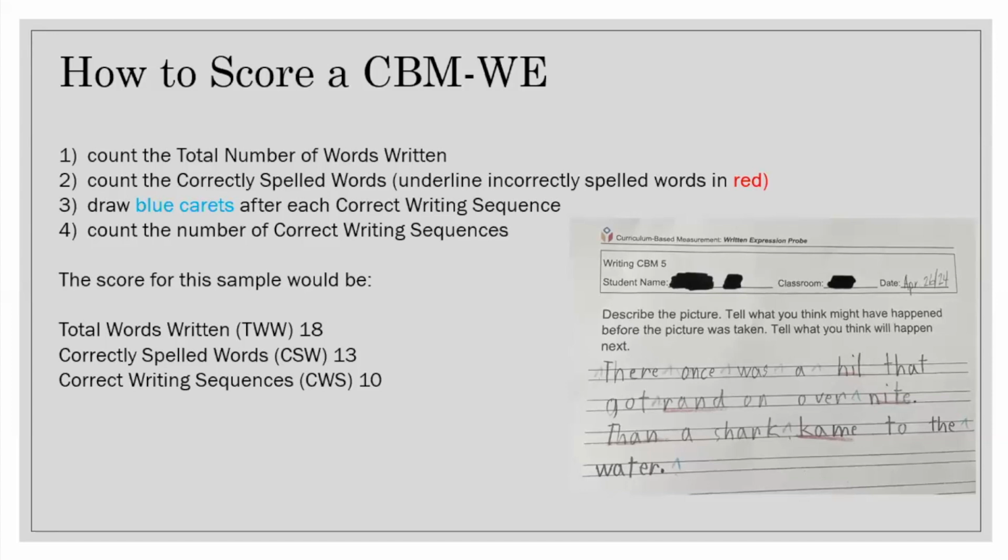I spent a lot of time when I first started doing this with the scoring guides beside me, and I was looking things up constantly to make sure that I was doing it correctly. So the score for this sample would be total words written 18, correctly spelled words 13, and correct writing sequences 10.